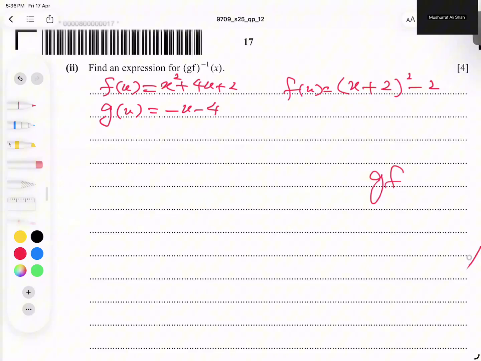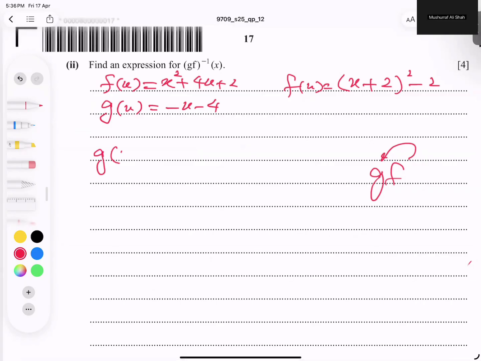So first of all, students, what we'll do, we'll plug in F in G. So I'm starting here. I'm writing G of X first, which is negative X and negative 4. How many X's do we have on both sides? We will leave empty spaces.